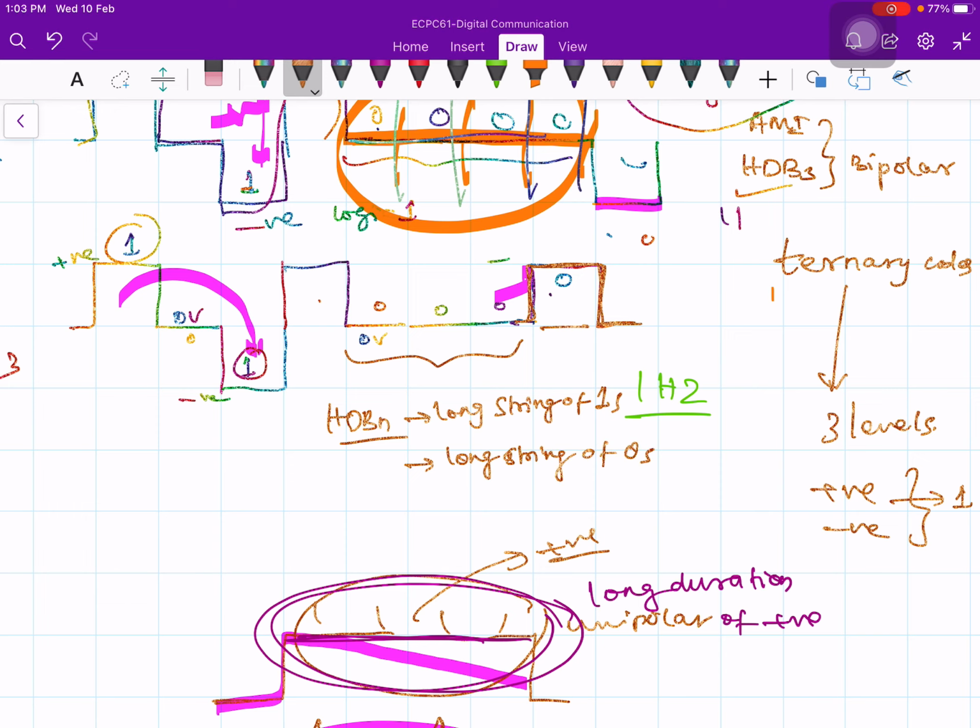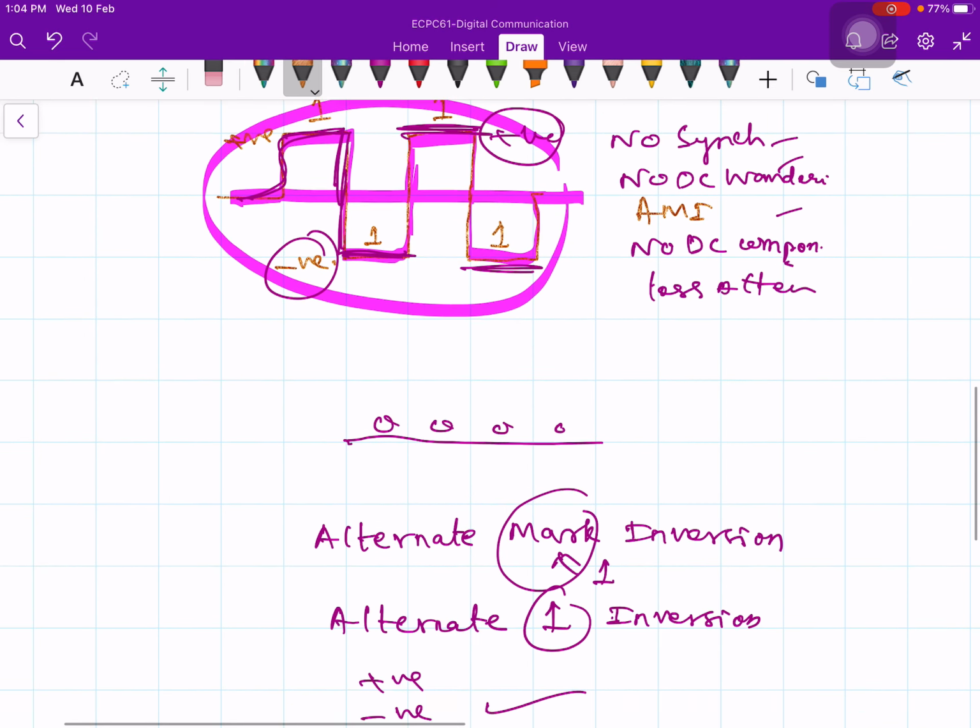Okay, so AMI code will take care of only long string of ones, but HDBN code takes care of long string of ones and long string of zeros. But when you come to long string of zeros, it allows 3 zeros. That's why this N indicates HDBN. This 3 indicates you wait up to 3 zeros. After third 0, if you see fourth 0, then you make a transition. That's what this HDB3 says.